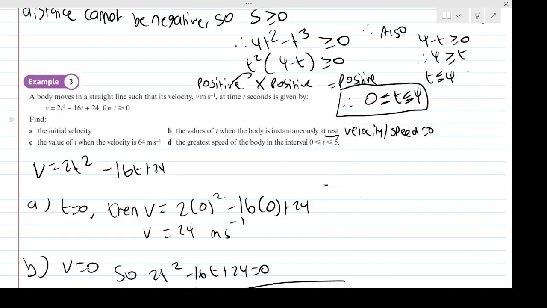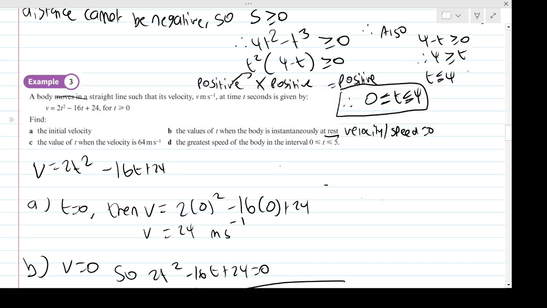And there we are. Then for part D, it now wants the greatest speed of the body in the interval 0 ≤ t ≤ 5.